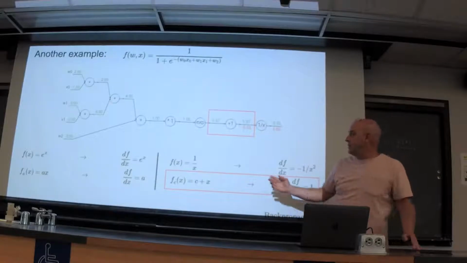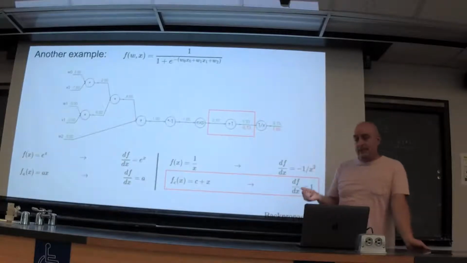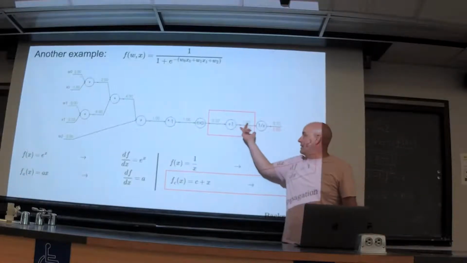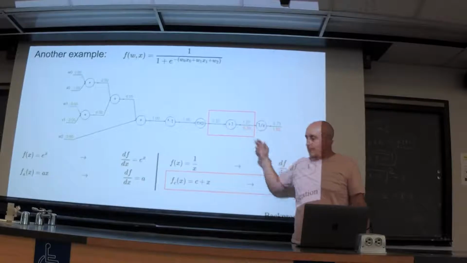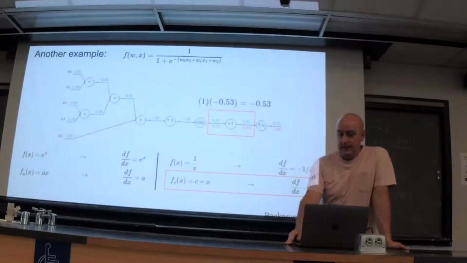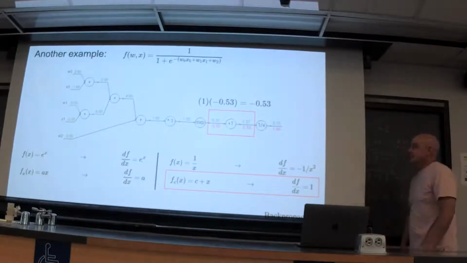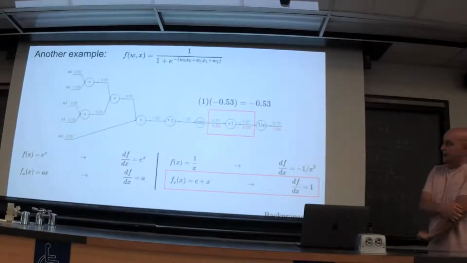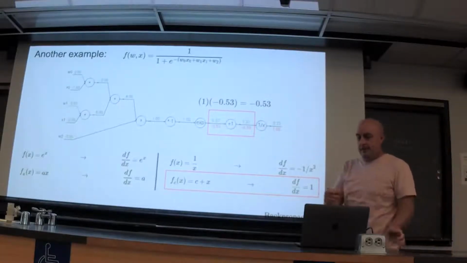So what are we going to do? We're going to take that and multiply it with what? Yeah, the downstream gradient at this point, which is minus 0.53, and 1 times anything is itself, so we have minus 0.53 again. Good.